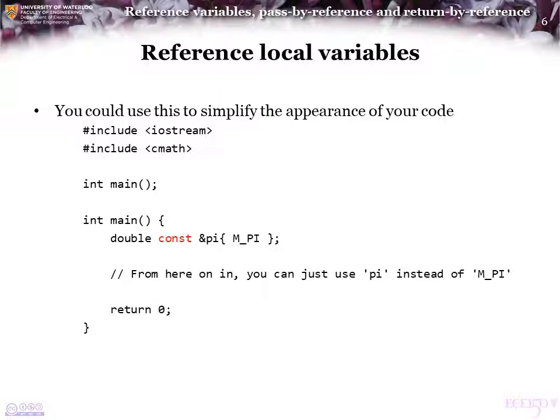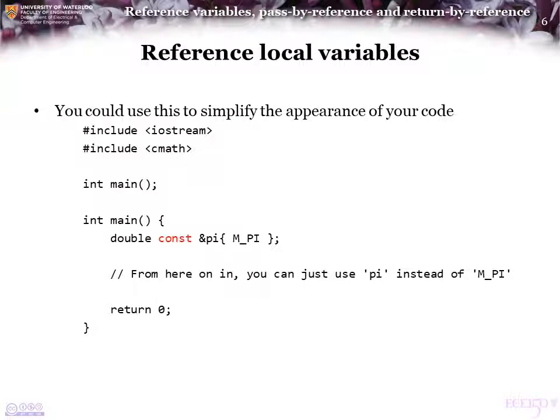Now, one place where you may actually use reference variables is to simplify the appearance of your code. So, for example, here I have declared pi to be a reference variable to a double, and I've initialized it with the constant M underscore PI.